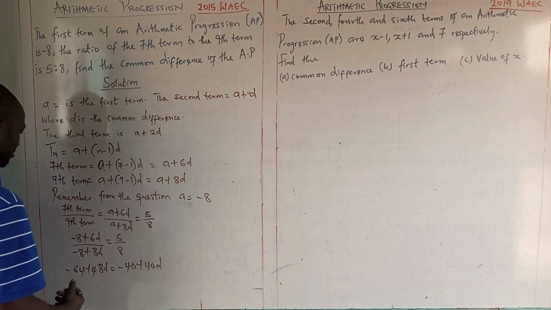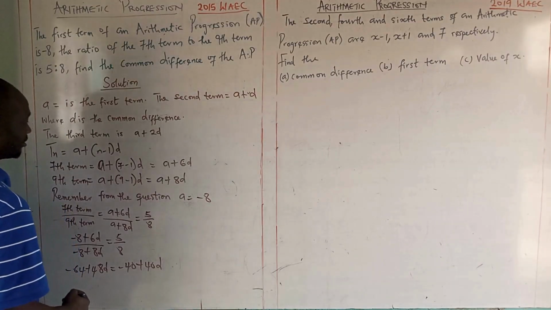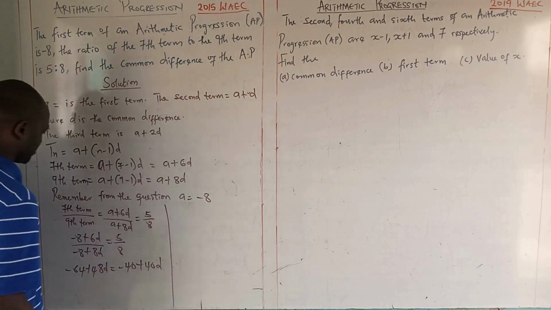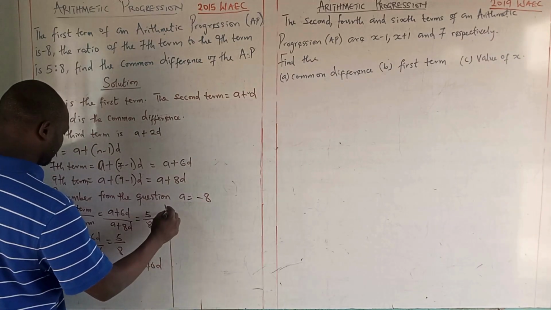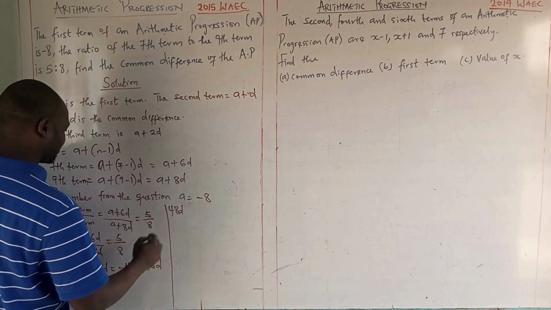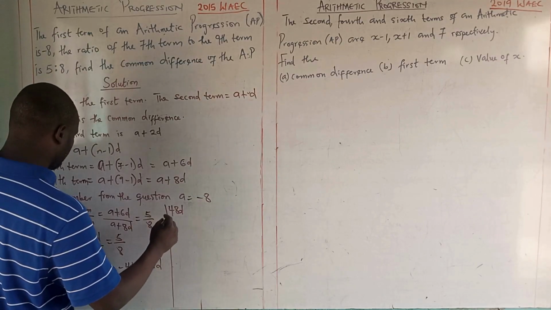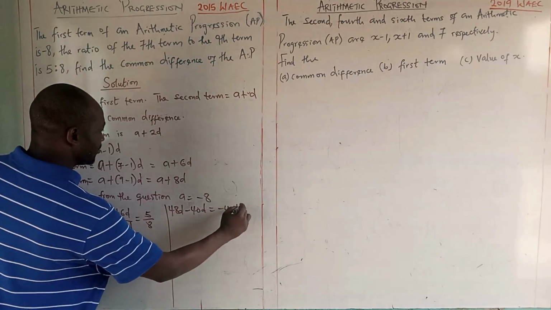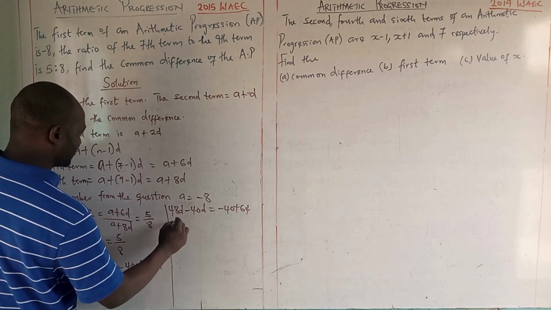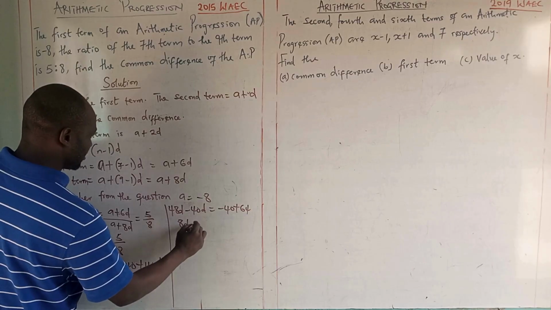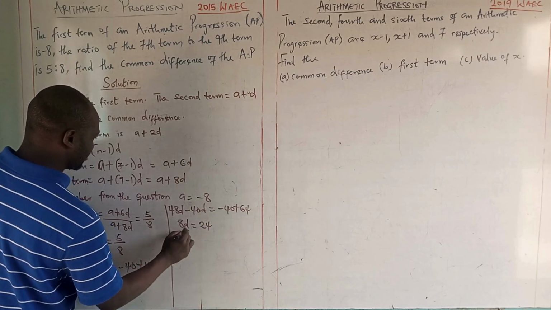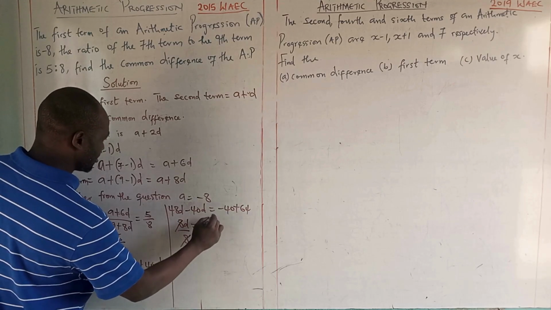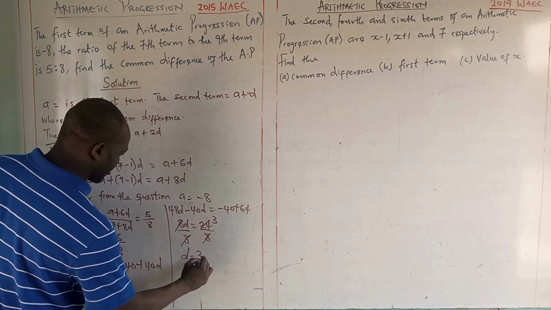Now, if we collect the like terms, this means 48D minus 40D will be equal to minus 40 plus 64. That means 8D equals 24. Divide both sides by 8, and we have D equal to 3.